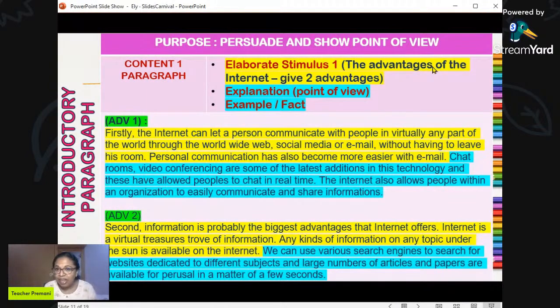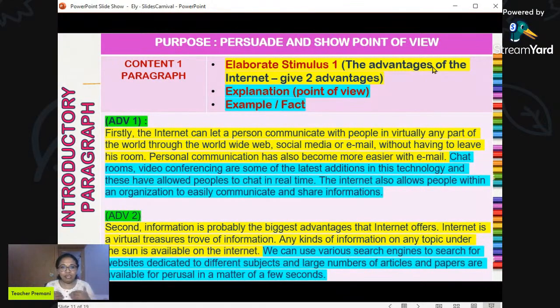What many students do is they merely list the advantages. First sentence, first advantage. Second sentence, second advantage. Third sentence, third advantage. You can see six sentences with six different advantages.